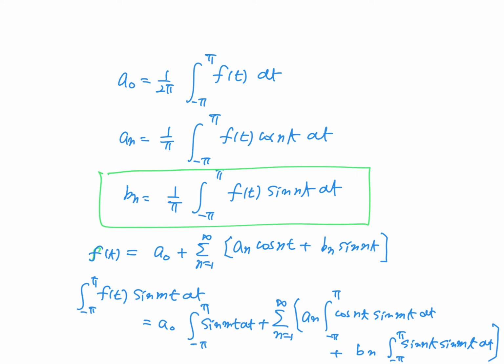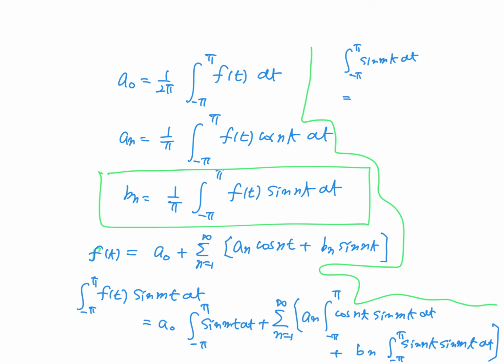So maybe we should save the space. I'm going to do some calculations here. So this is easy, right? Integral from minus pi to pi of sine mt dt. If you integrate sine, what do you get?